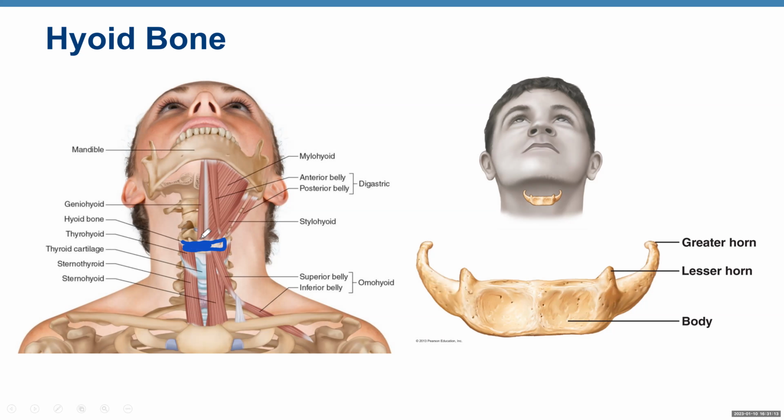So here's the hyoid bone, and we have a whole group of muscles above, called the suprahyoid group, and a group of muscles below, the infrahyoid group of muscles. And many muscles that are responsible for your tongue movement and for swallowing are connected to the hyoid bone.